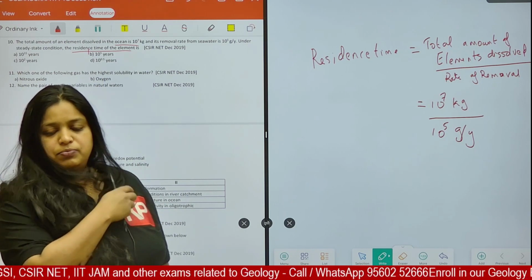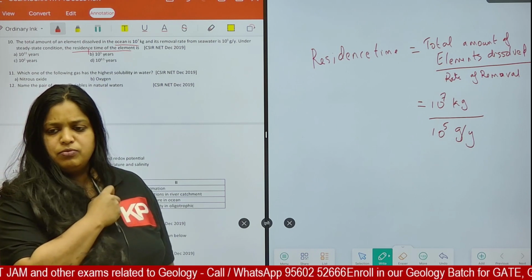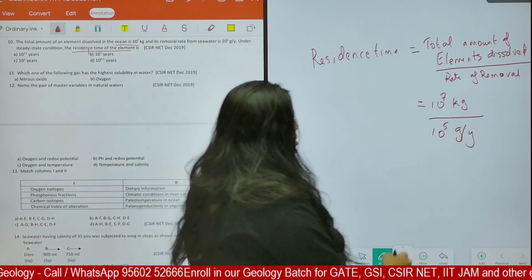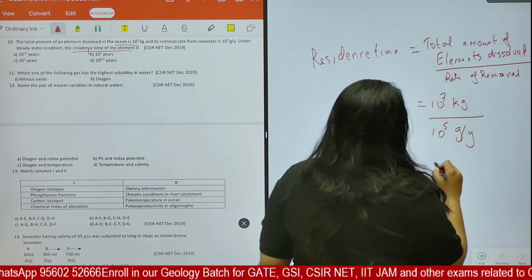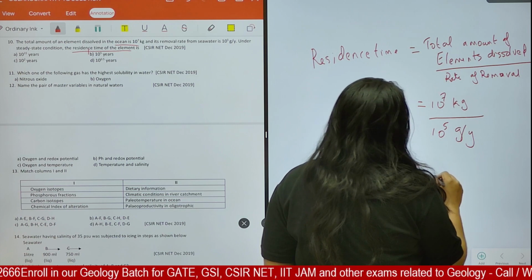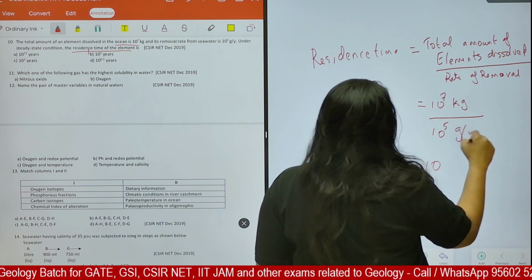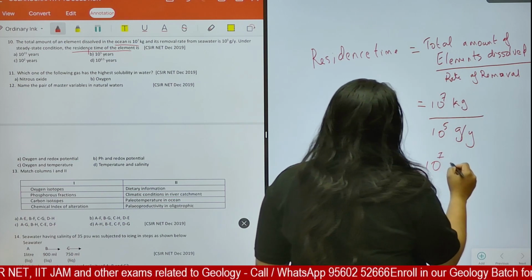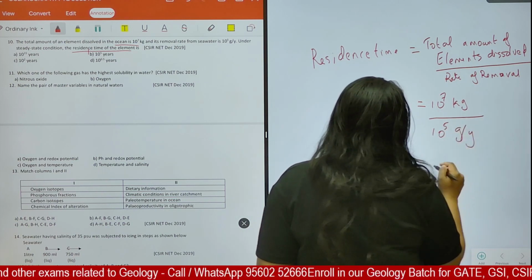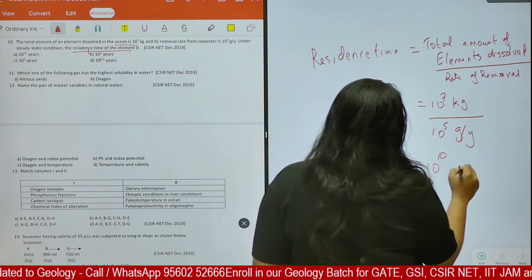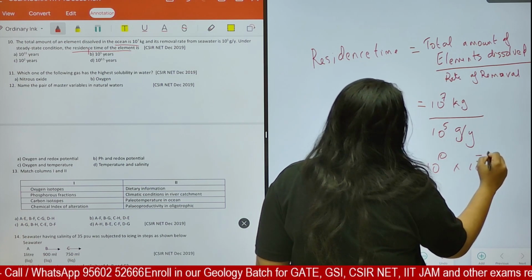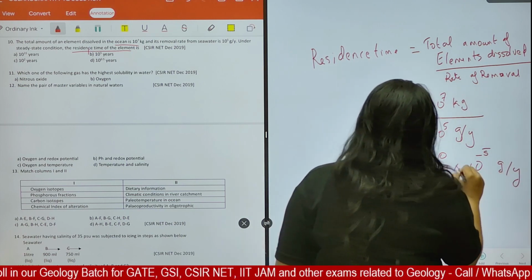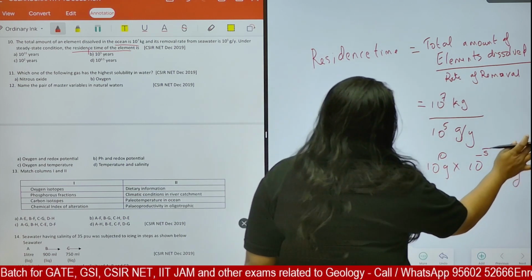Okay, so over here it's simple. 10 raised to 7 kilogram by 10 raised to 5 gram per year. So when you convert this into gram, we know this will be 10 raised to 10 gram into 10 raised to minus 5 per year.